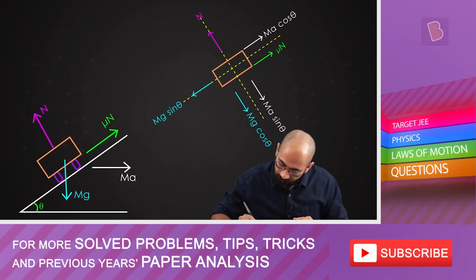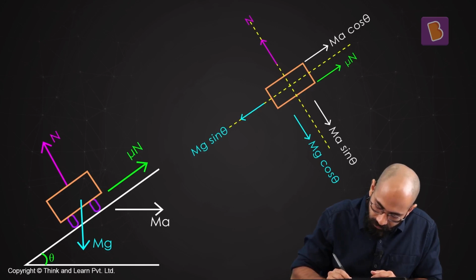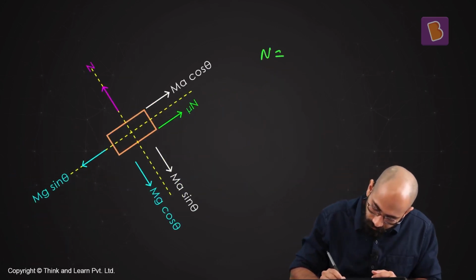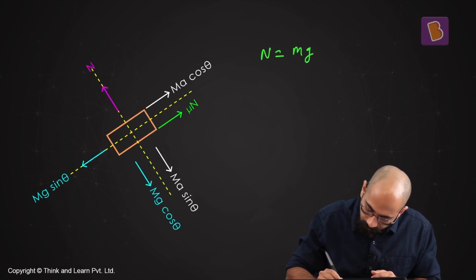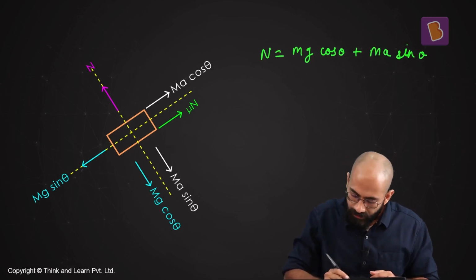We find that N is equal to this, and the second equation has ma sin theta.